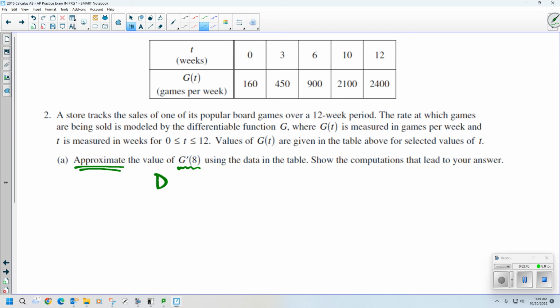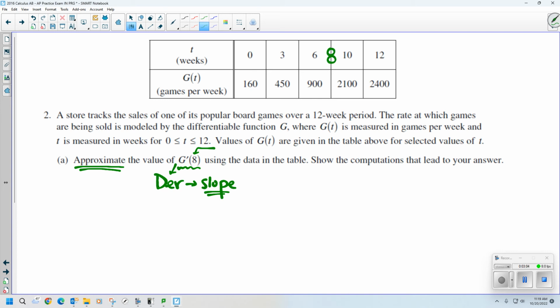Notice I've said derivative a couple of times. The derivative of g is the same thing as the slope. It's synonymous. It's a rate of change. Where do I want the slope of g? At 8. I don't even have 8 on my table. If I did, 8 would be right here.